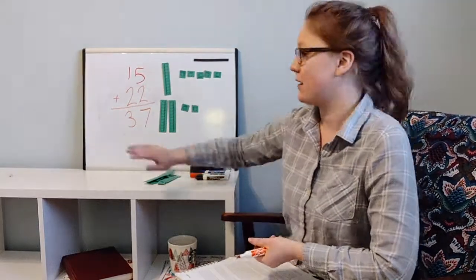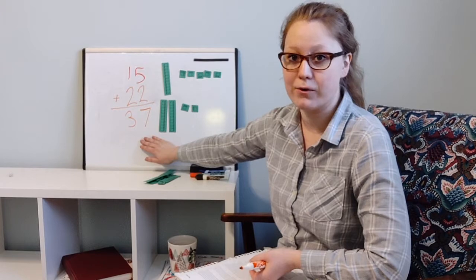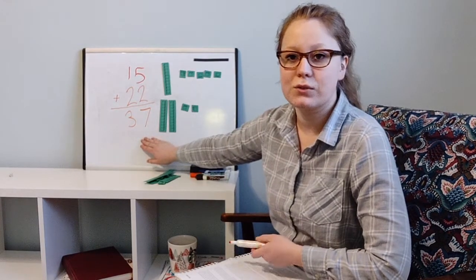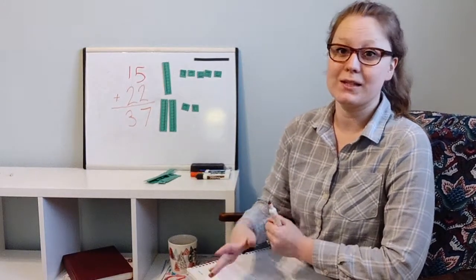We can take a look at our answer. We have it figured out. 15 plus 22 equals 37. And we can count all of our base 10 blocks together to see if the answer we have is what we see with our base 10 blocks. So when we're counting the base 10 blocks, let's start with the tens, the groups of tens.